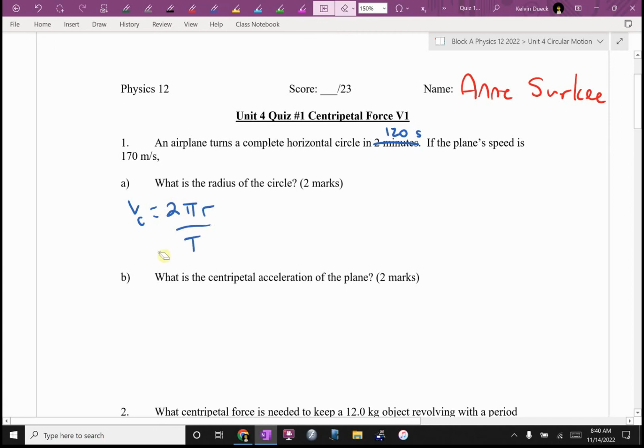Let's see. Do I know the circular speed? Yeah. Do I know the period? Yeah. Get the R by itself, please, Keegan.